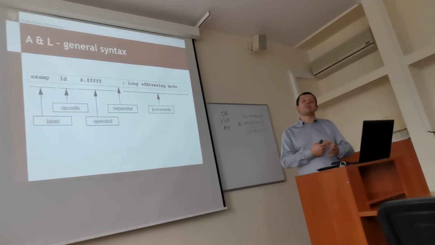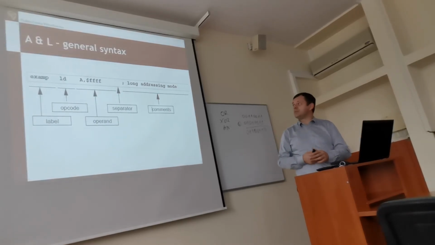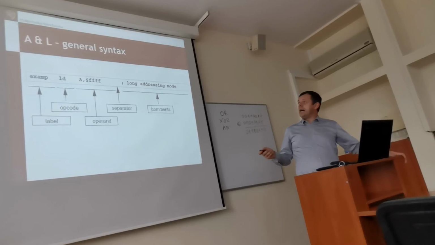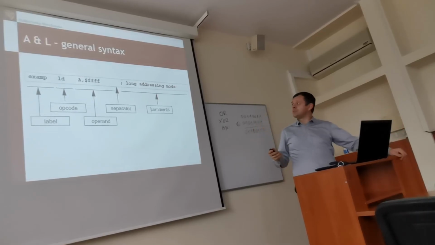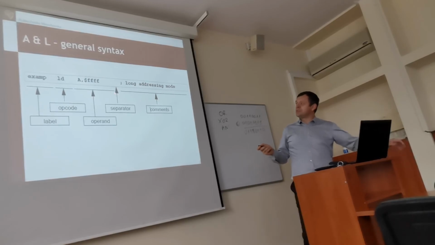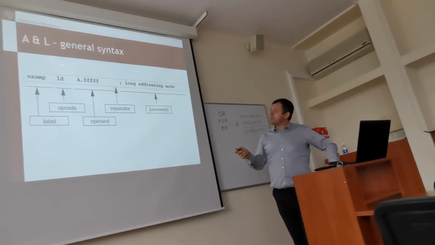Zero operands is an inherent mode, so from the description we know what it does, like a nop operation. In the case of 1 operand, it's also very simple to understand what this operand means. But then we have 2 operands: a destination and a source. So from this address we put something to the accumulator, for example.